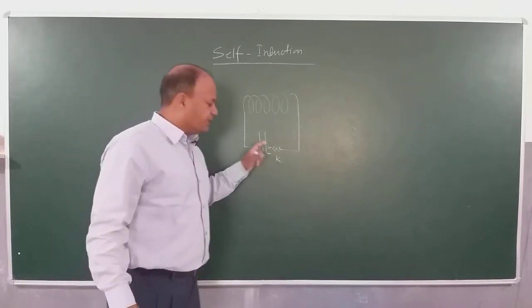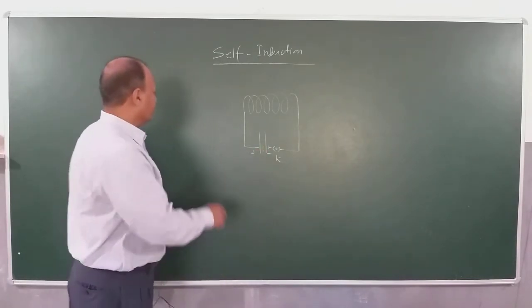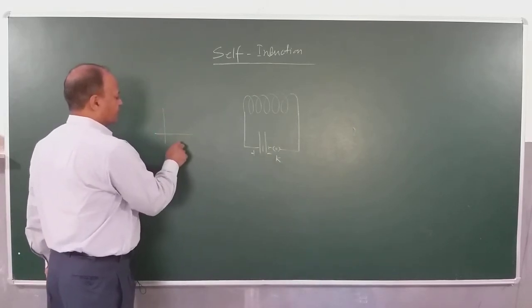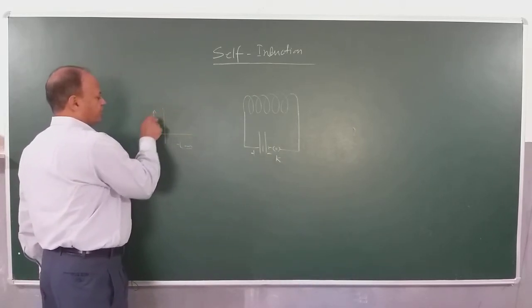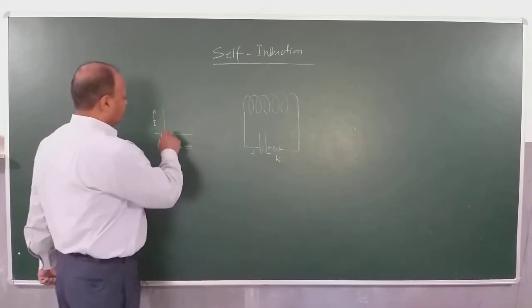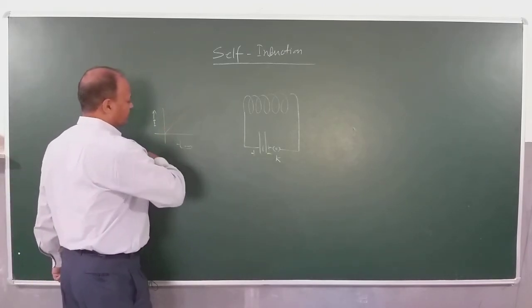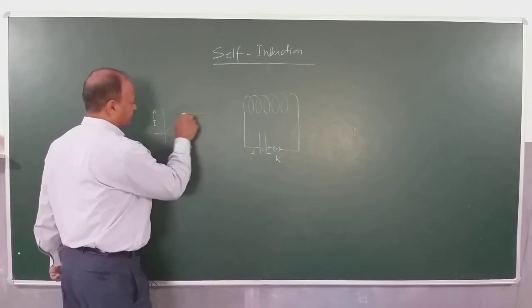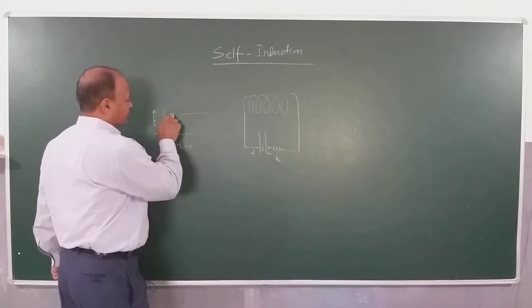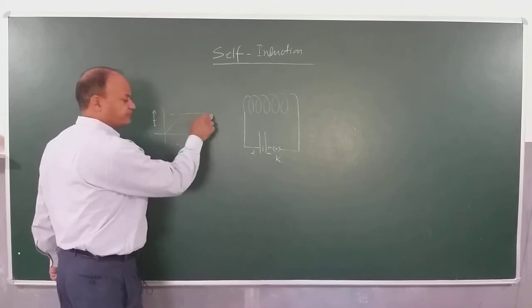See, when I close this key, then current actually, if I plot a graph between current and time, don't think current goes like this immediately. Current does not become uniform like this.